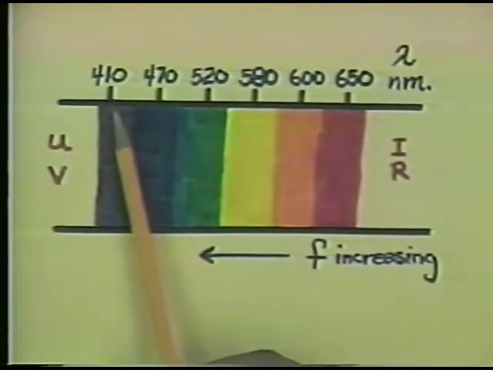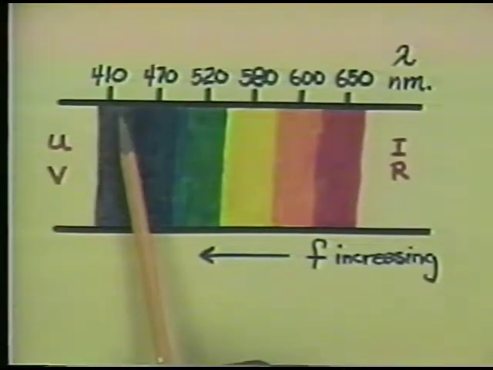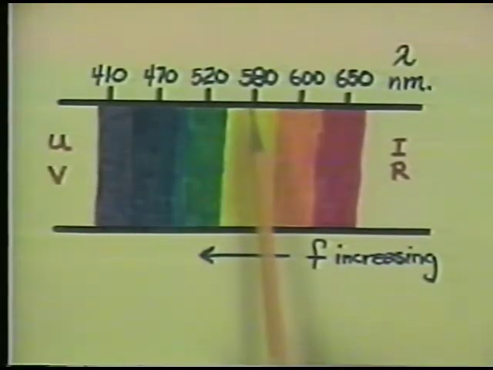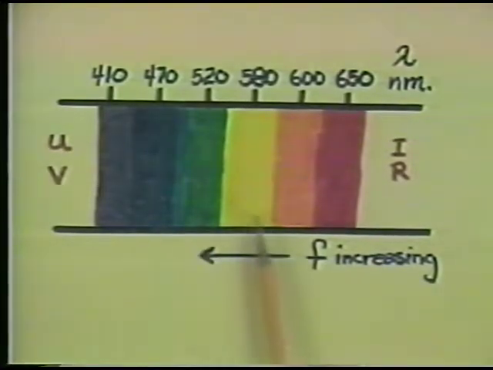The edge of the visible spectrum for most people occurs around 400 nanometers. This is violet color. And the other edge of the visible spectrum is marked by red light at approximately 650 nanometers. And in between we go through blue, green, yellow, orange, red.